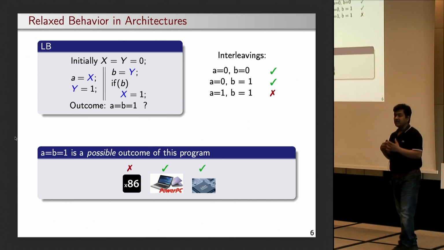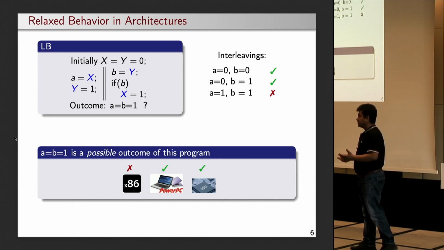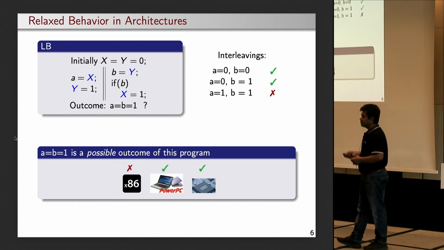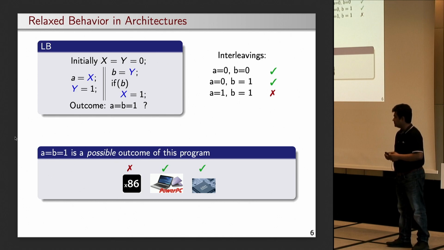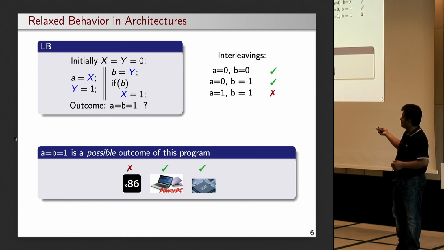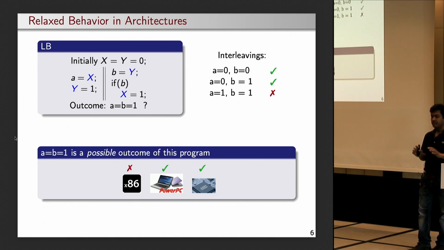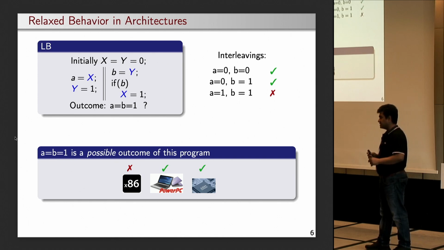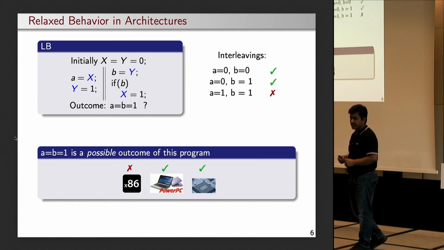So on devices, for example our smartphones, which use these processors, this kind of weak memory behavior is possible. Now the question is: here we have seen that this is not possible on x86. So we may think that if we are using x86 processors, then we will not have such effects for this program.